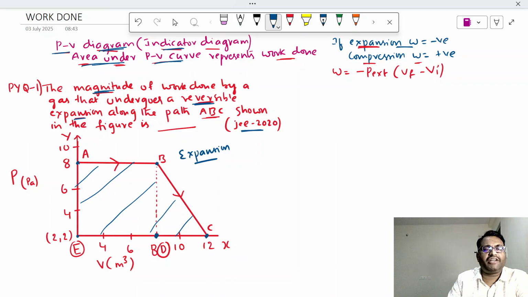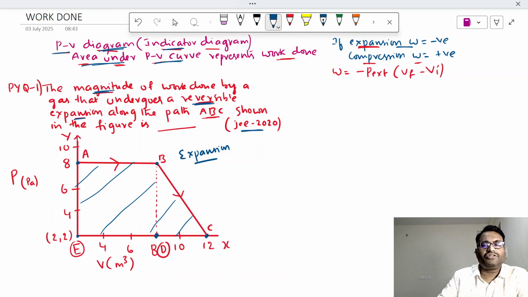This total area can be calculated if you can calculate the area of the square ABDE and the area of triangle BCD, and if you add those two areas, then that will be the area under this curve.